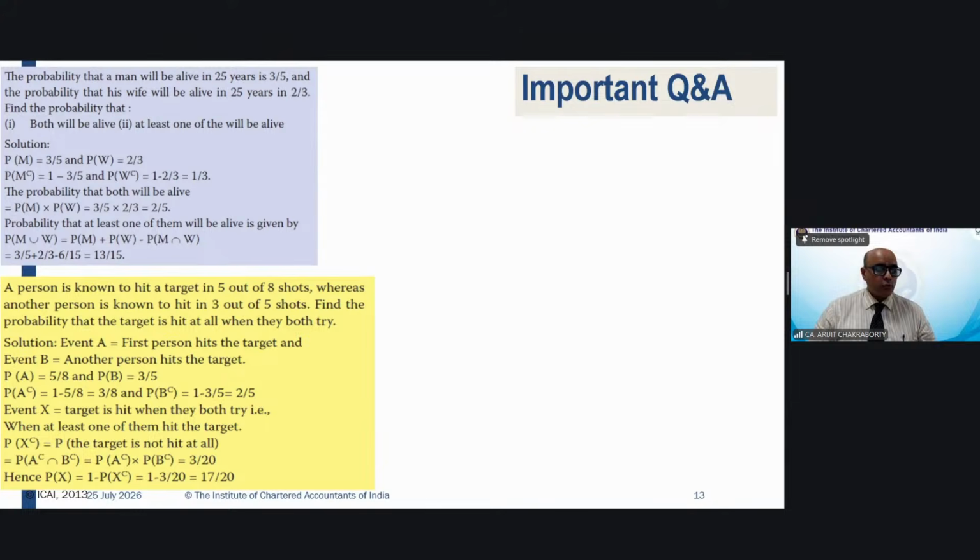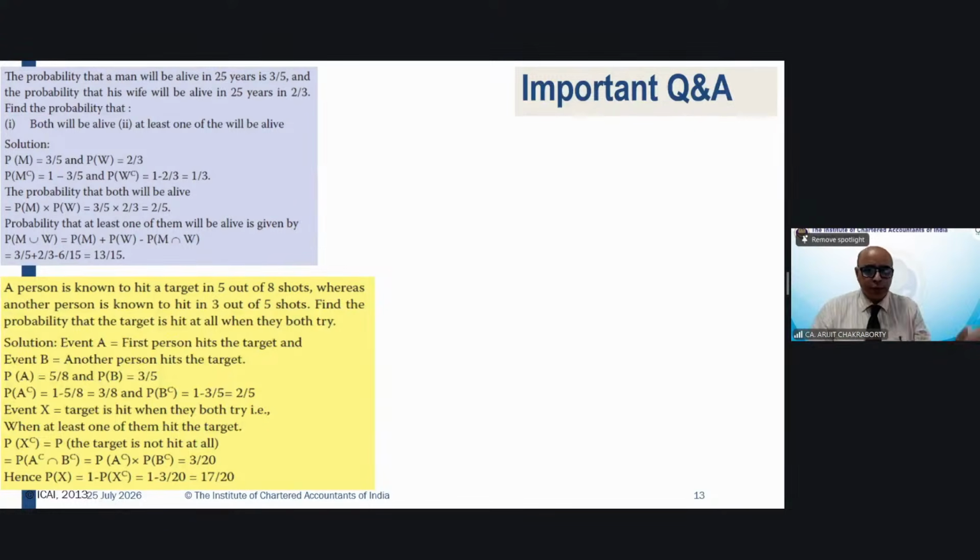So here, event X is the target is hit when they both try. The target will be hit when at least one of them is able to hit the target. Now, one of them hitting the target means what? The complementary event, the opposite, is that the target is not hit at all.